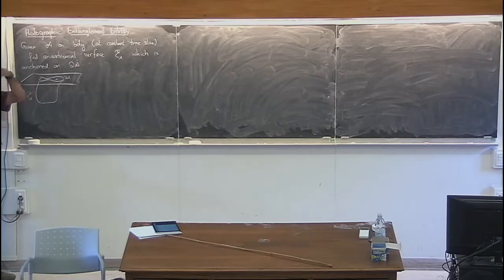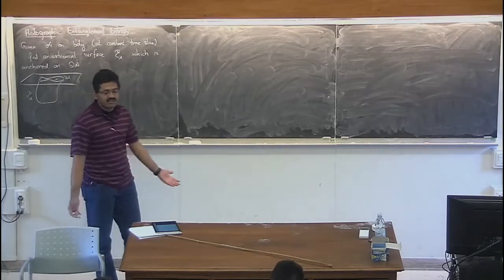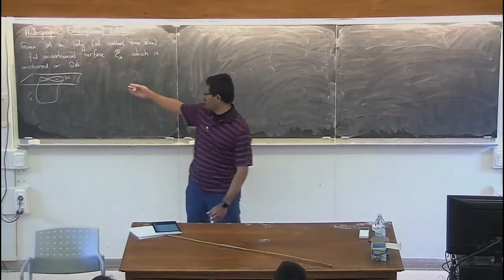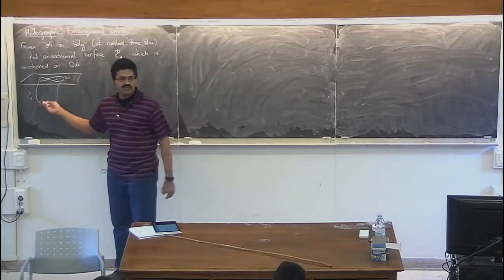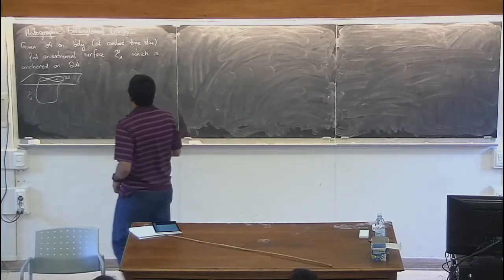If you dip some wireframe inside a soap solution, the wireframe is ∂A, and the soap bubble that extends out of the wireframe is this extremal surface. And the fact that this is not a soap bubble in flat space, but in some gravitational background, is what makes this interesting. It's sort of non-trivial. So how do we find E_A?